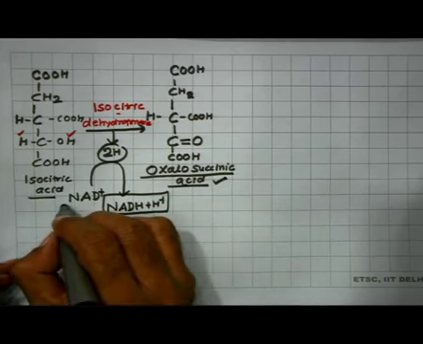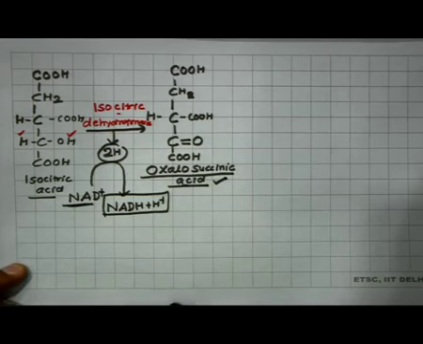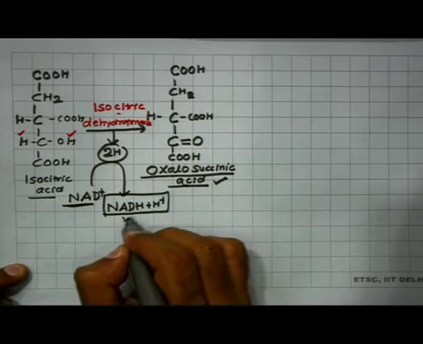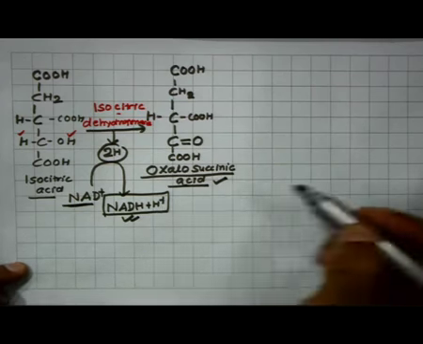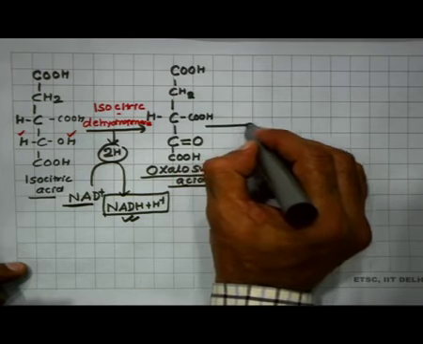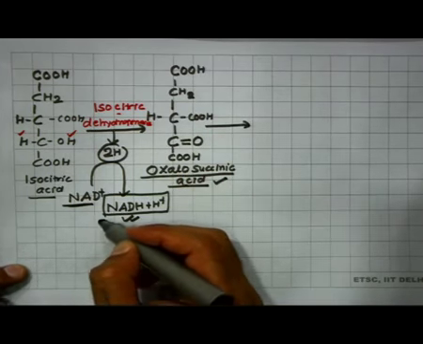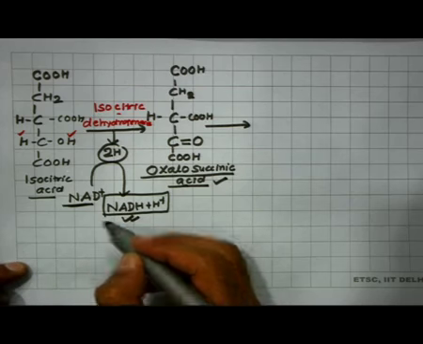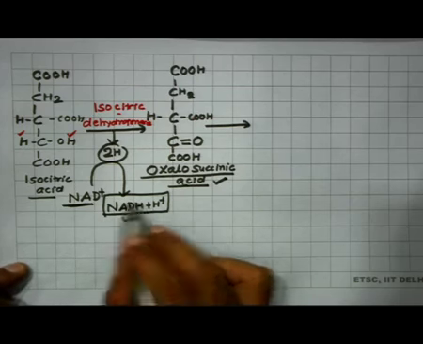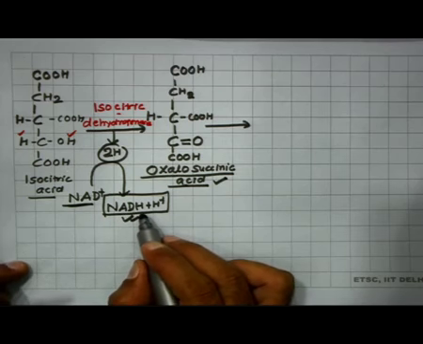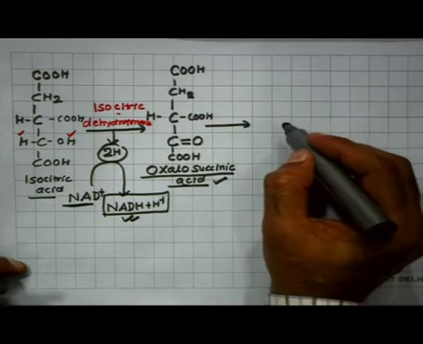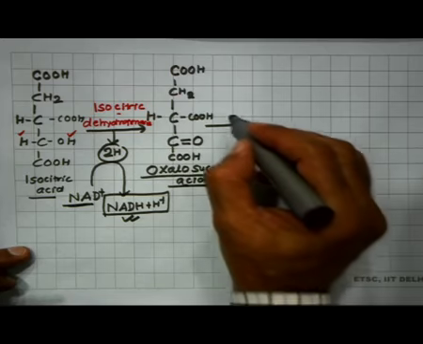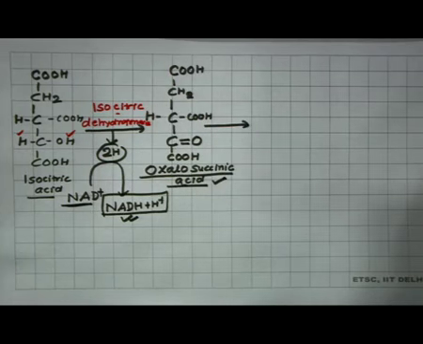Now, this coenzyme nicotinamide adenine dinucleotide is reduced and forms NADH and H plus. This will be further used in the electron transport chain and oxidative phosphorylation, where reoxidation of this reduced coenzyme takes place and it helps in the formation of ATP. This dehydrogenation process is the third step of the Krebs cycle.